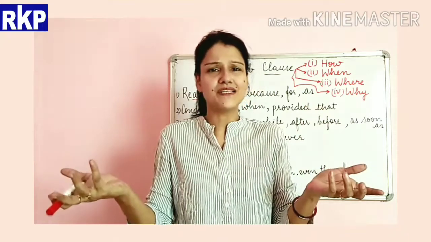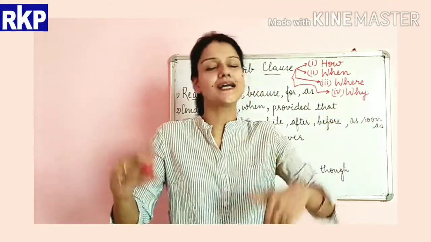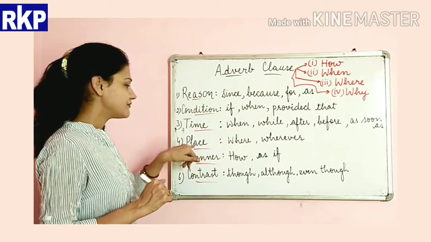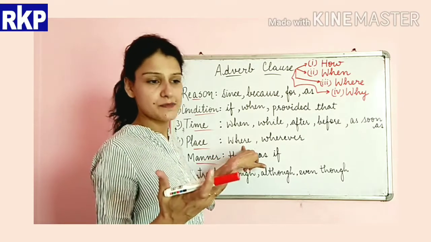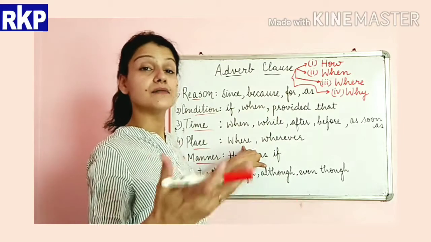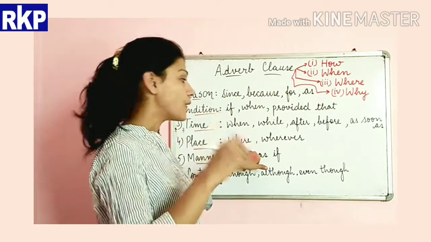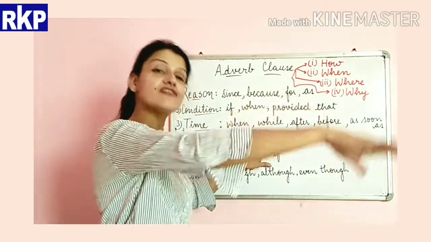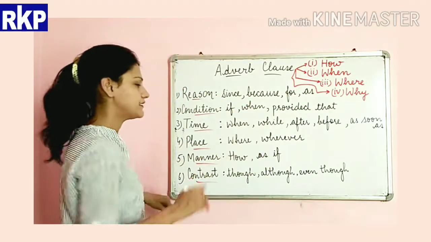It's a common gender, so we can use her also, his also. His mother, her mother, both are good. Then place always shows us where exactly the action happened. It will always give us the answer of where. Where did the child follow? Wherever her mother went.